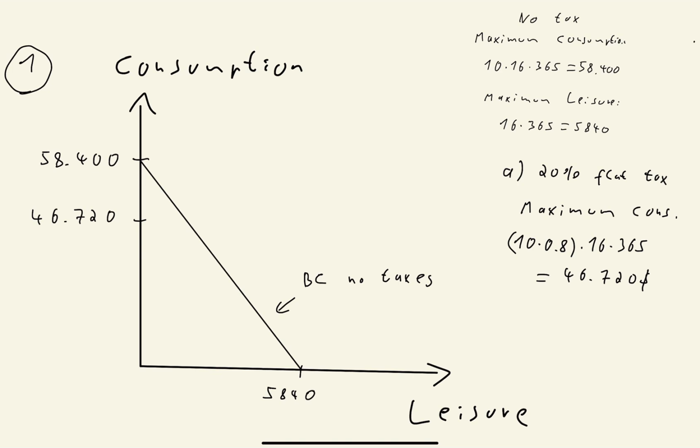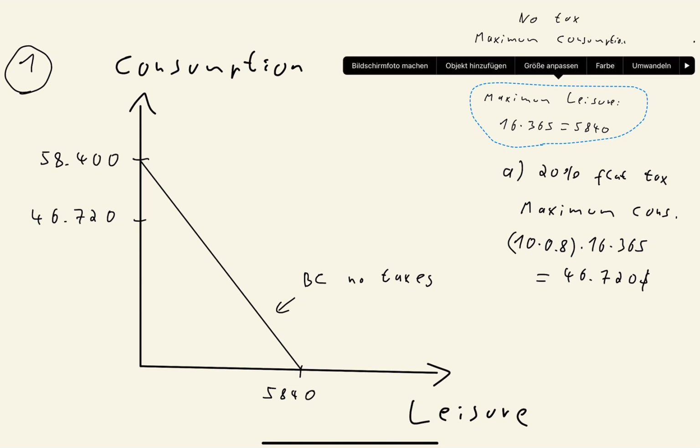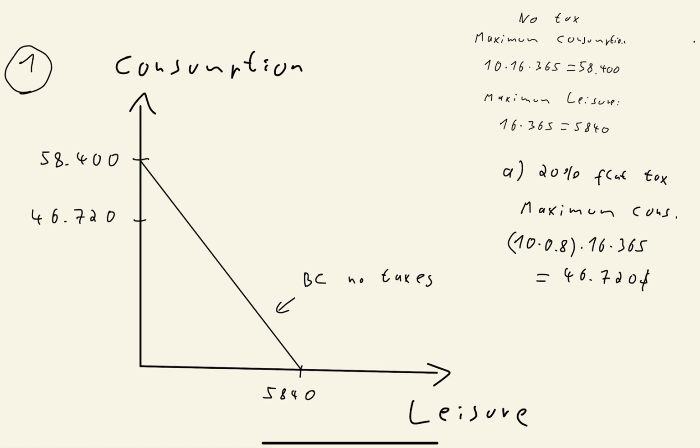And with respect to the maximum amount of leisure, there is actually no change, because the change only applied to the wage that we could get if we fully work. If we enjoy maximum leisure, we do not work at all, and hence we do not pay any taxes. As a consequence, our maximum amount of leisure does not change. So the x-intercept is still at this point here.